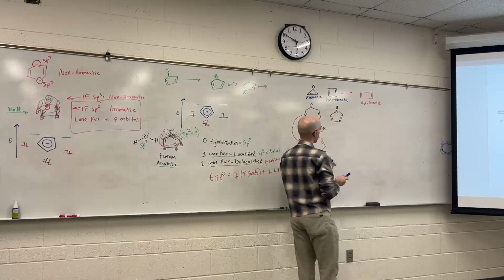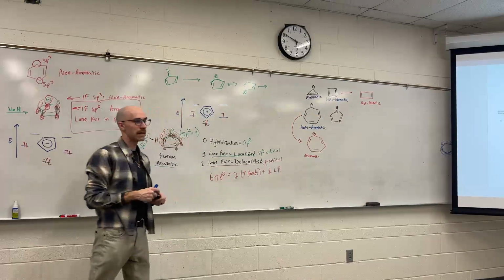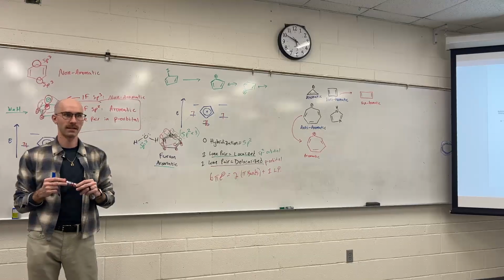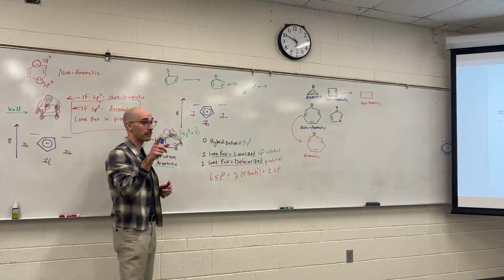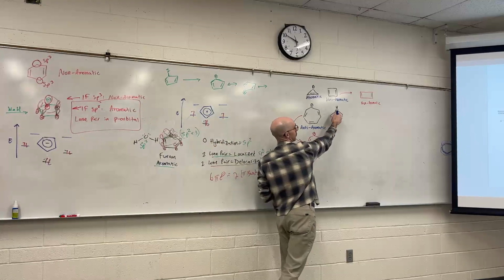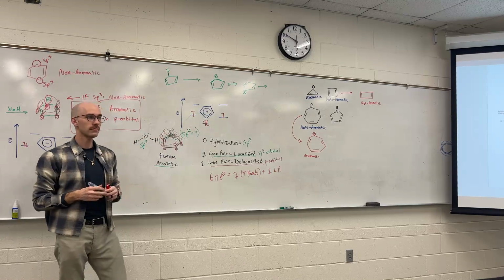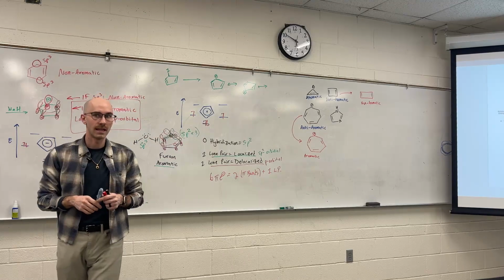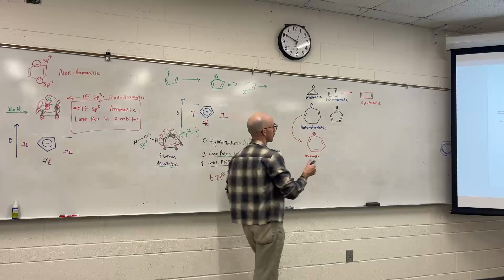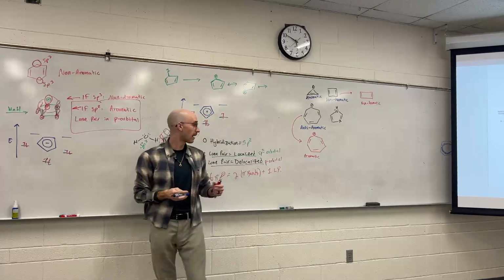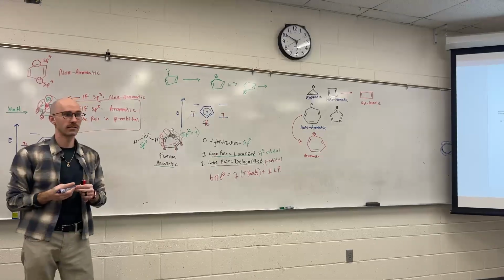All right, this last structure is called imidazole. Aromatic? That would mean that this nitrogen has what hybridization? sp2 hybridized. And the lone pair on this nitrogen would be described as localized or delocalized?